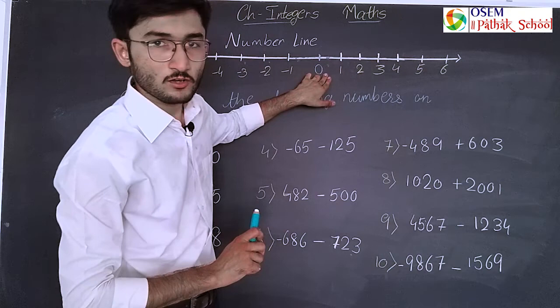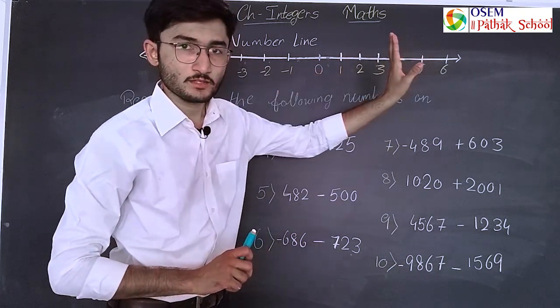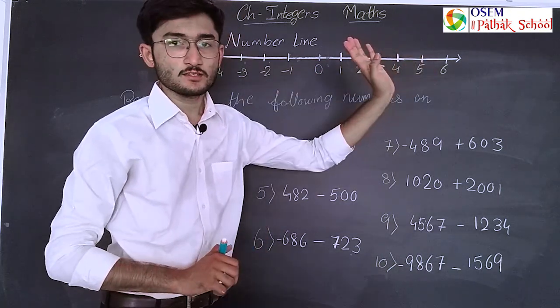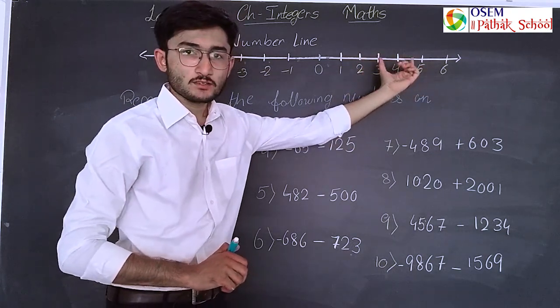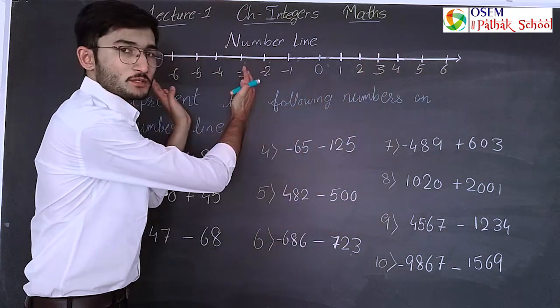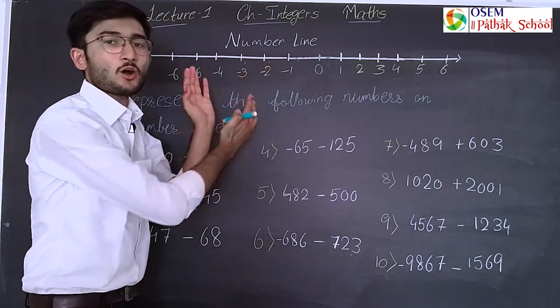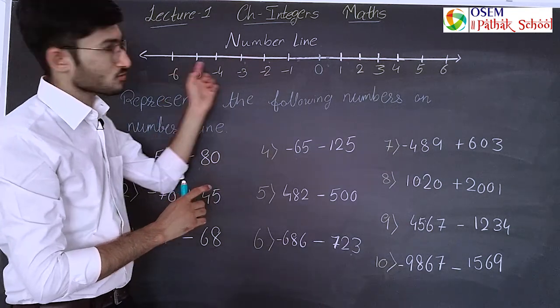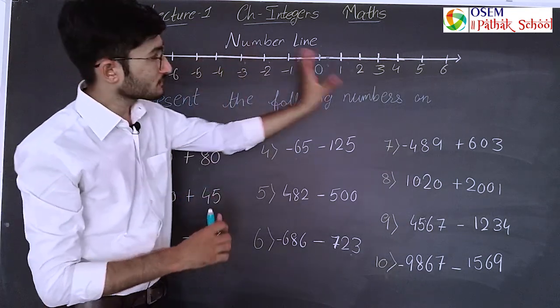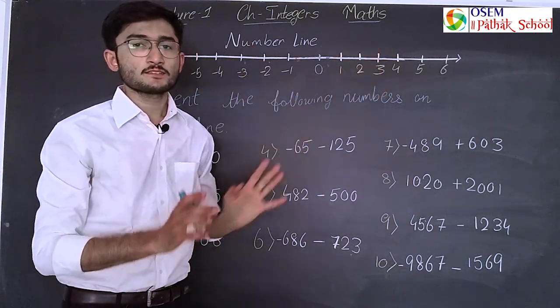So it will lie on the positive side, that is on the right side of the 0 on the number line. Whatever value you take on the right, the same value has to be represented on the left side of the number line. If you are representing till minus 6, then on the right it will also be 6 integers.